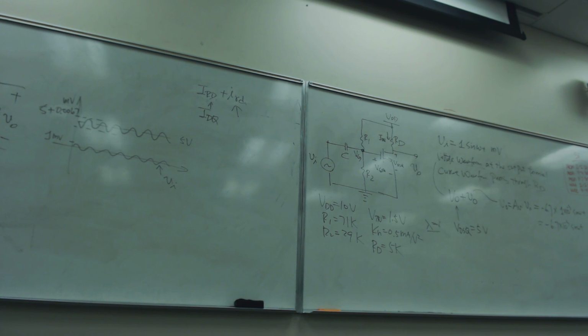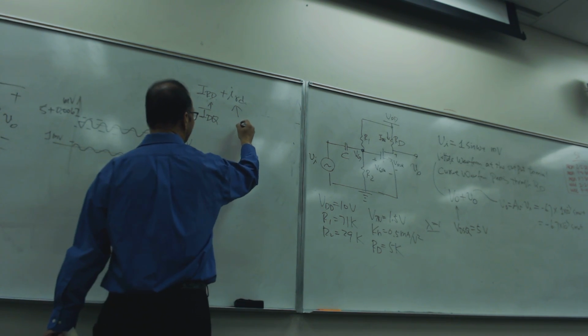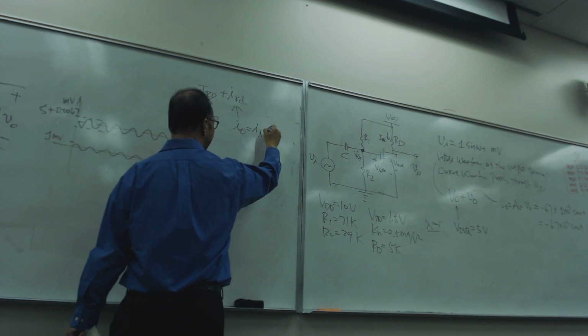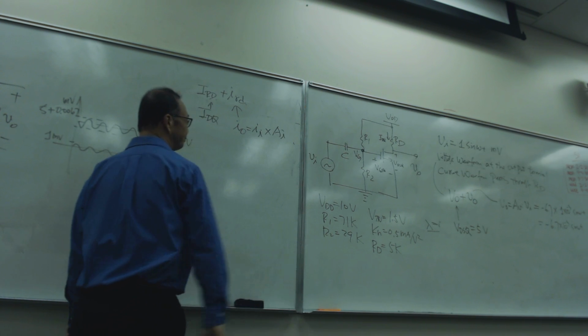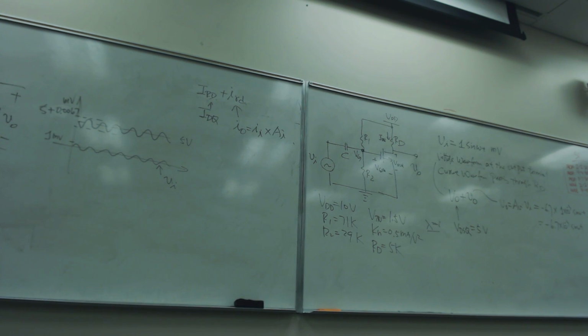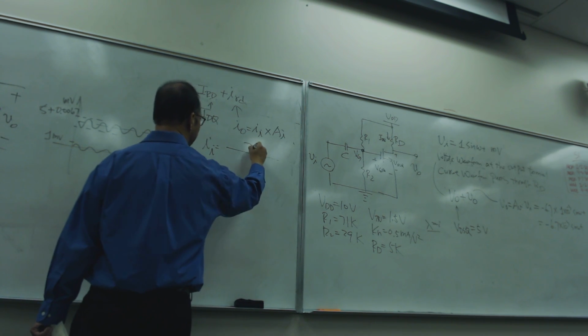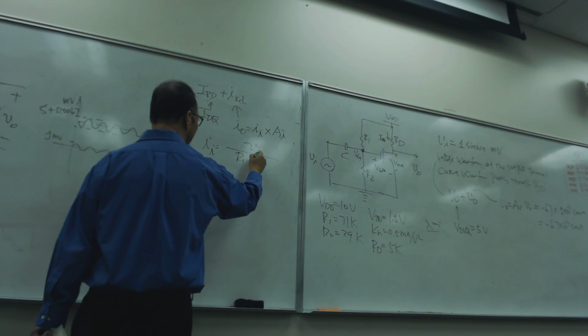Okay, so what is the small signal current? If you come here, that is I sub O, which is equal to I sub I times A sub I, correct? Okay, what is I sub I? We know it's V sub I over R1 in parallel with R2.